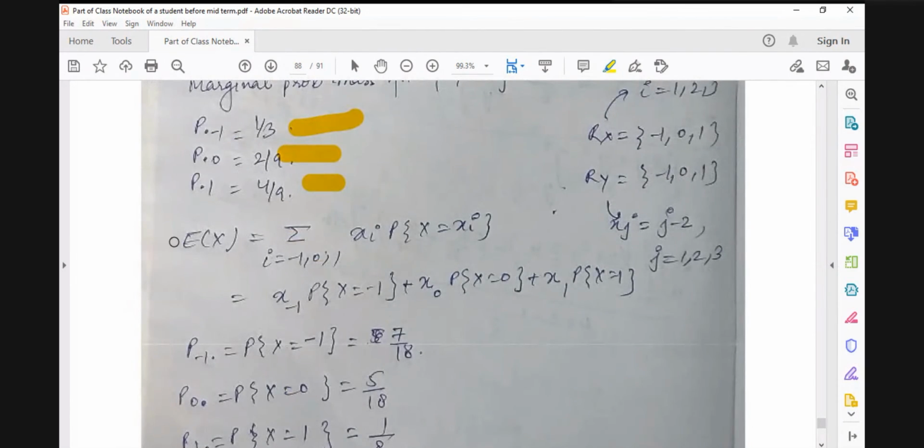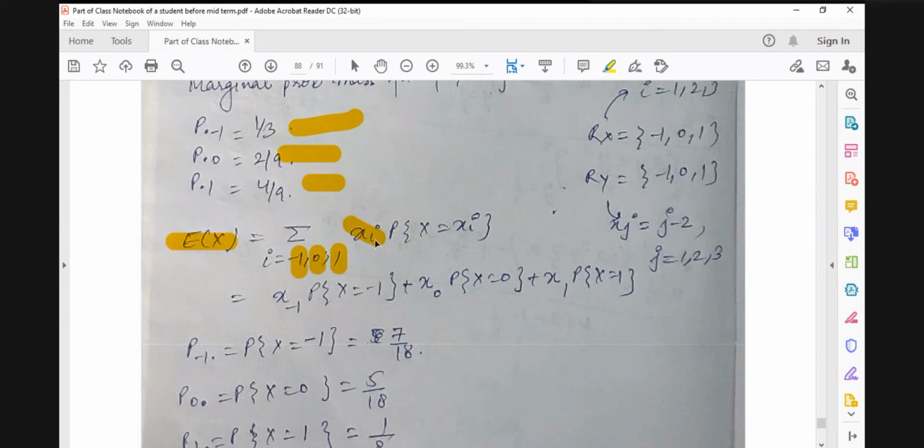If you remember, to calculate the expectation of x, I have to run this index i over all values of i, and in this case i takes the values -1, 0, 1.